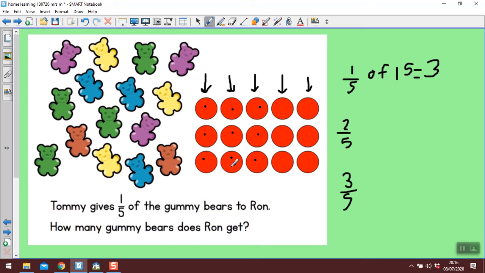One group, 2 groups, 3 groups. It's 9. What's 4 out of the 5 equal groups? It's 12. And then what is 5/5 of 15? It's all of them. So when the numerator is the same as the denominator, it's all of them, it's a whole one.